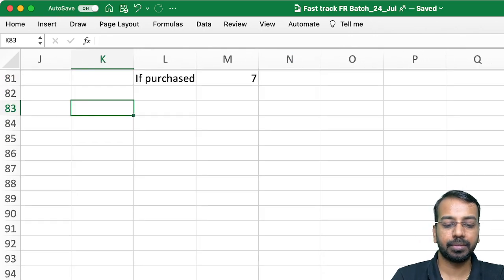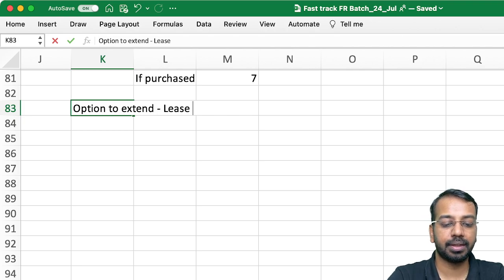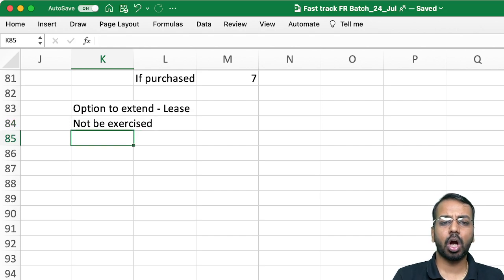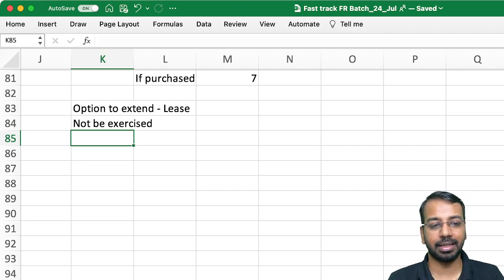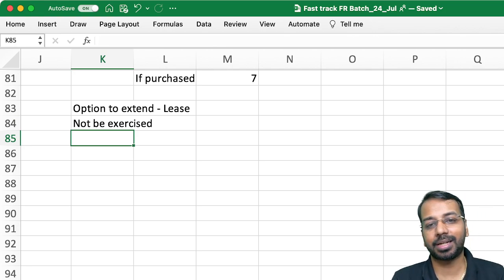Say for example, initially we thought the option to extend the lease will not be exercised, meaning we thought there is no reasonable certainty that we will exercise the option to extend the lease. But subsequently we exercise the option to extend the lease.